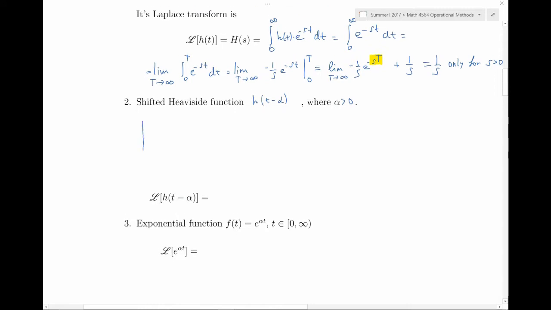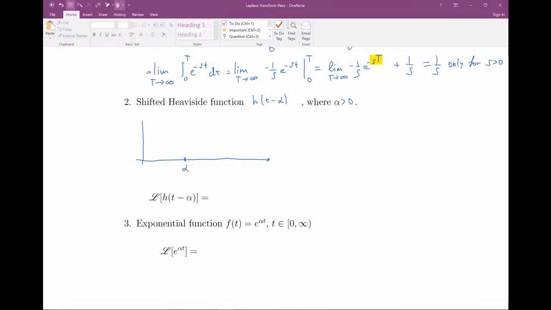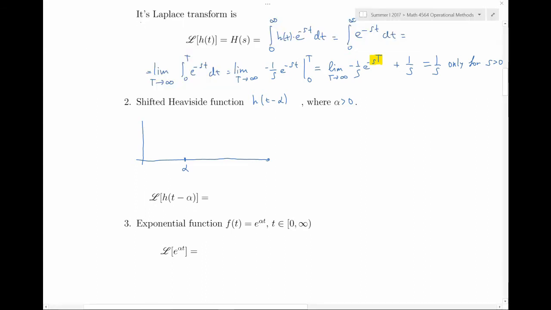We have a function that shifts to 1, not at t equals 0, but at t equals alpha. So the function is 0 all the way up to alpha, and at alpha it switches to be 1.